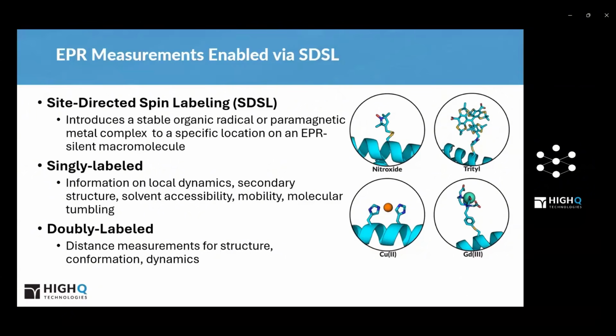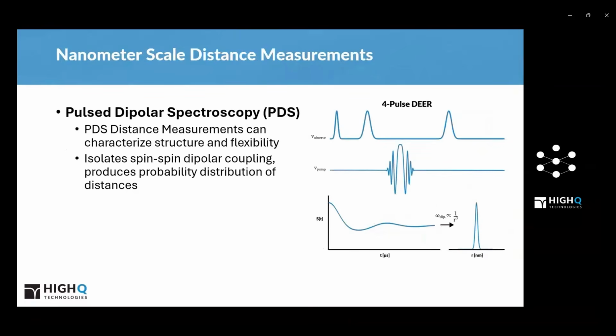That's not the subset of EPR experiments that HiQ focuses on. It's something that is accessible to us, but we really focus on when you have a molecule and you have two spin labels on there, because then you can measure the structure, the conformation, and the dynamics of that system. And that's done through a subset of EPR experiments called pulse dipolar spectroscopy, or PDS.